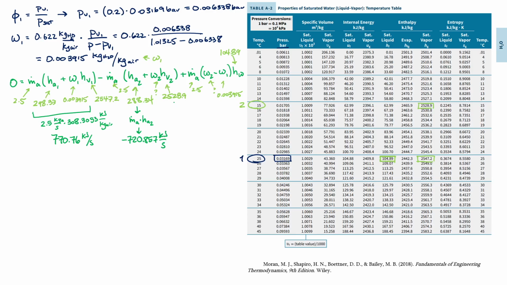I then take this portion, so I've got m dot air times omega 2 times h, enthalpy of the vapor at time 2. I don't know omega 2, so I get a value of negative 6,322.25 times omega 2.